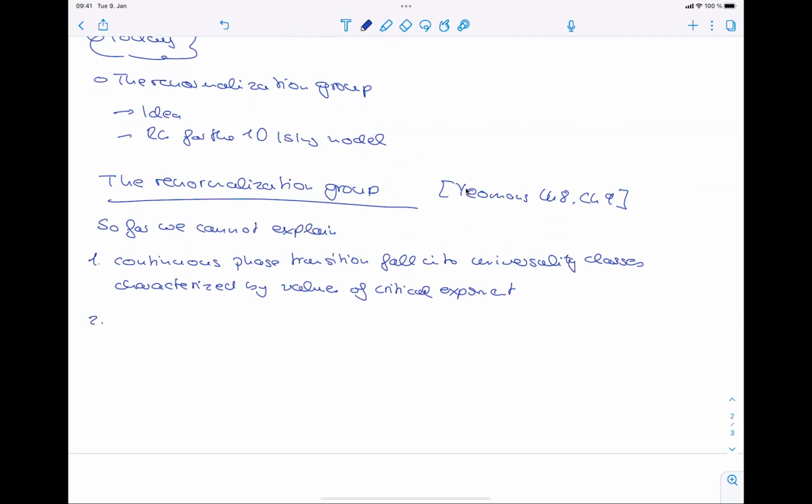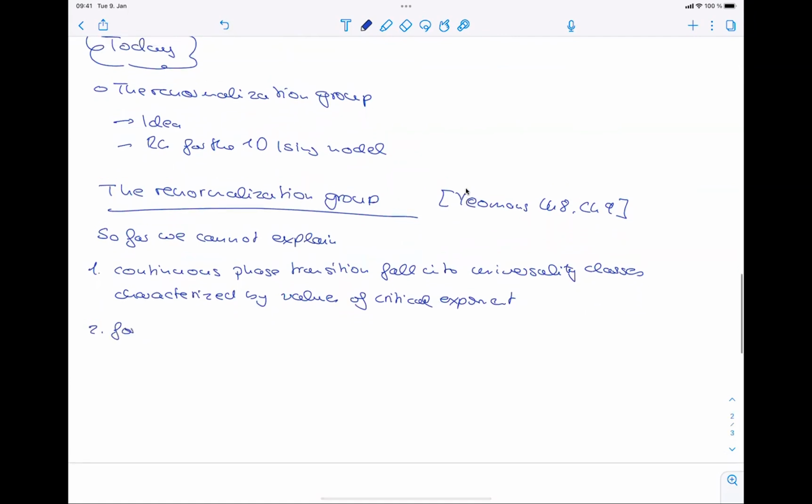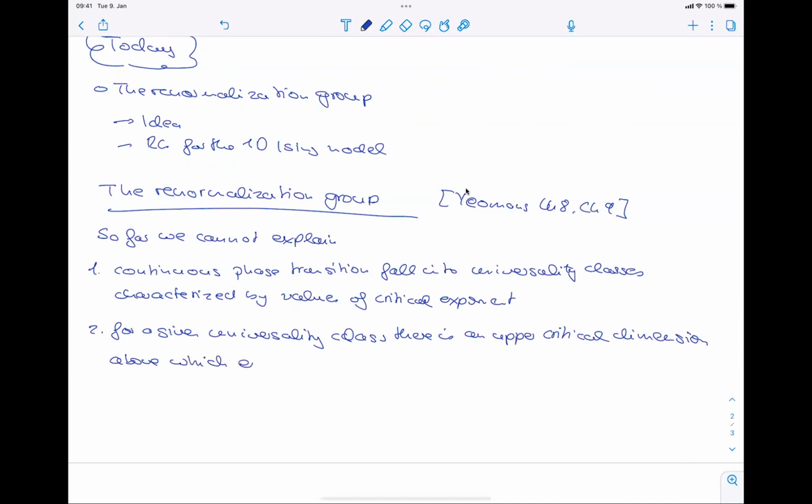Another aim is also, for a given universality class, to explain that there is an upper critical dimension above which exponents follow the mean field results.